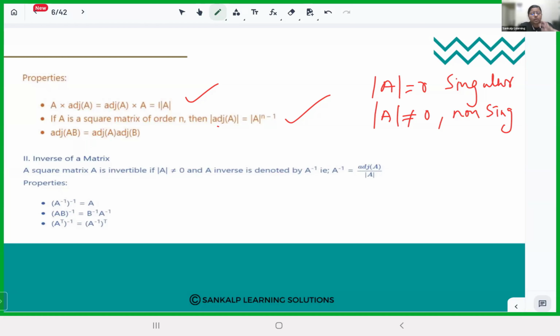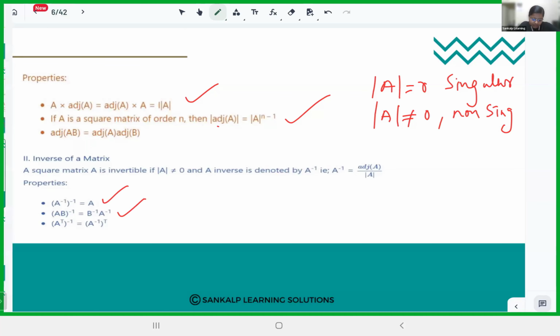All right. So the inverse of a matrix also has different properties. The most important is: the inverse of A inverse is equal to A itself. The inverse of AB is equal to B inverse A inverse.